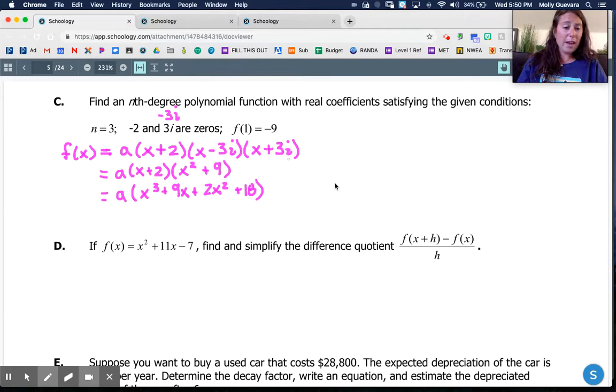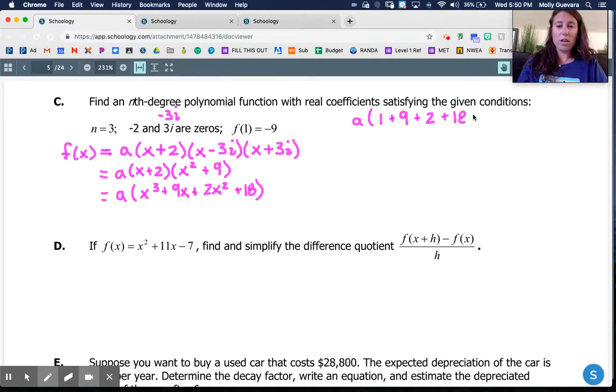And now I'm ready to go ahead and find the a value. Okay, so I know that if I plug in 1 for x, I should get out -9. Let's do it this way. If I plug in 1, so I have a times 1 cubed is just 1, plus 9 times 1 is 9, plus 1 squared is 1 times 2 is 2, plus 18.